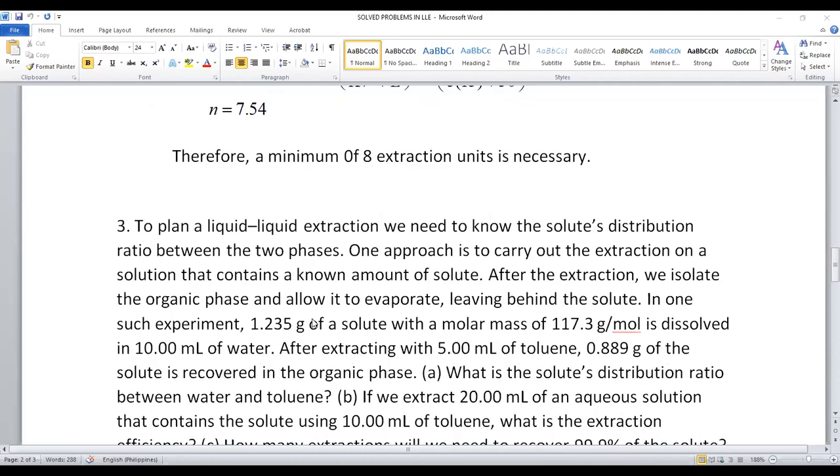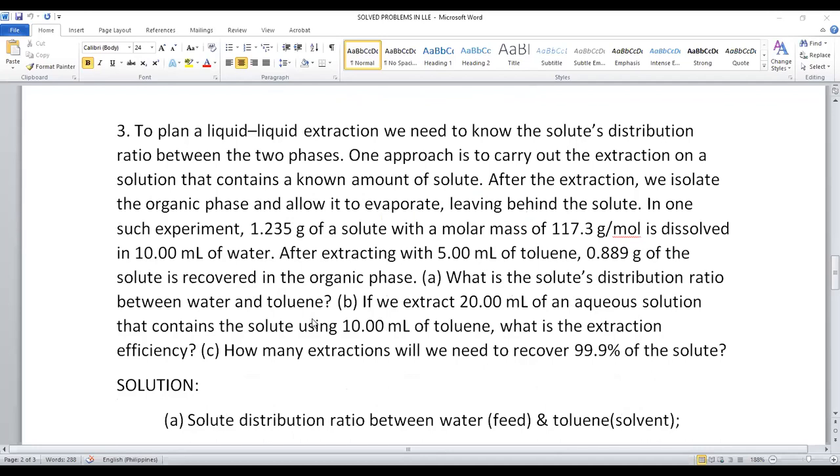Okay? Now, next. To plan a liquid-liquid extraction, we need to know the solute's distribution ratio. So this is something new. Solute distribution ratio between two phases. How does the solute distribute itself between the phases, extract and raffinate?